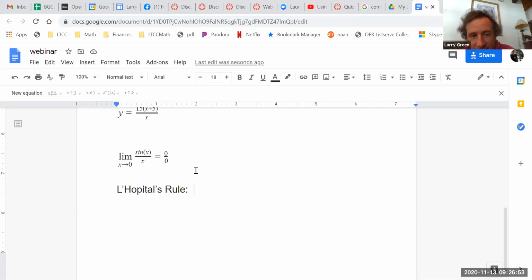Let f and g be differentiable functions with f of 0 equals 0, g of 0 equals 0.